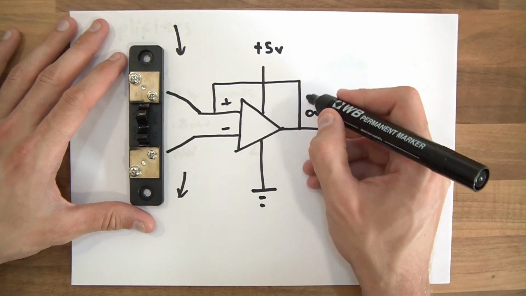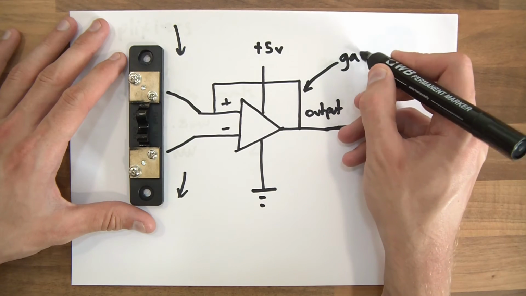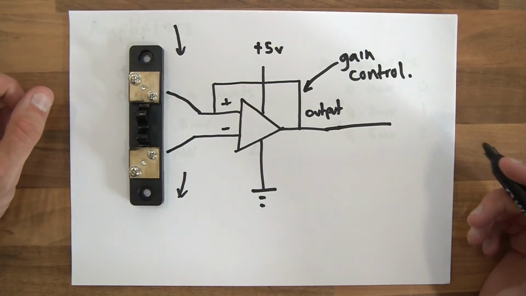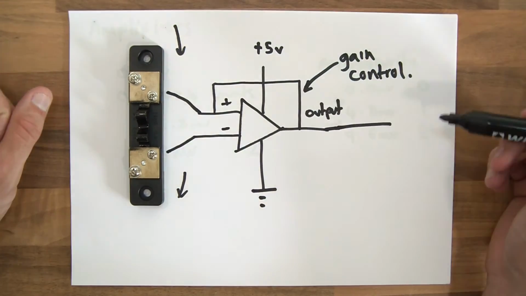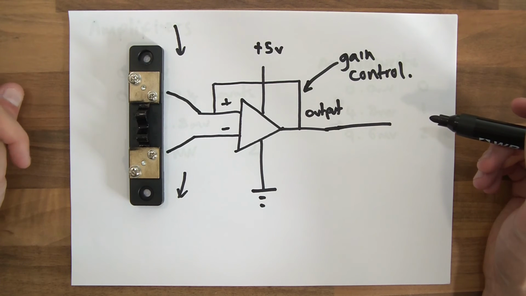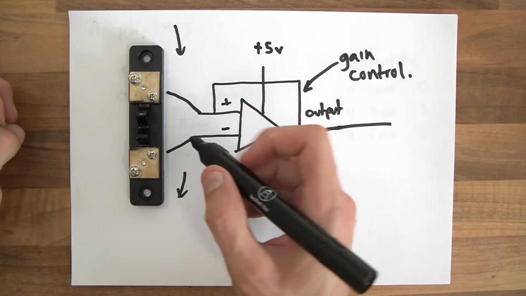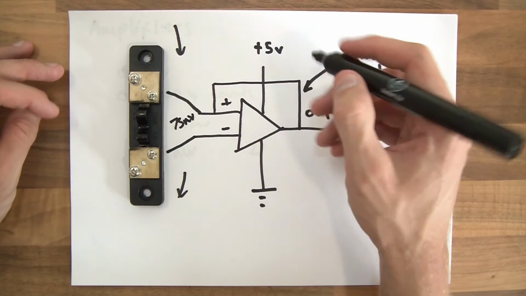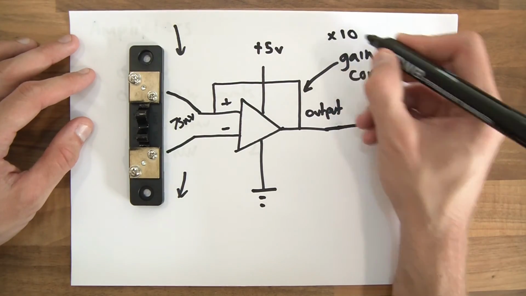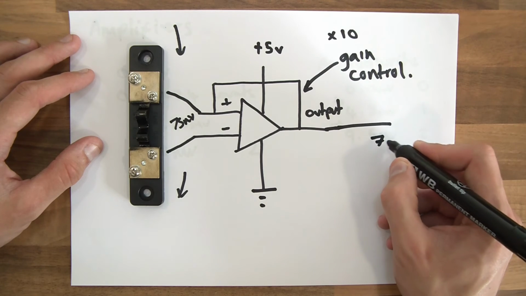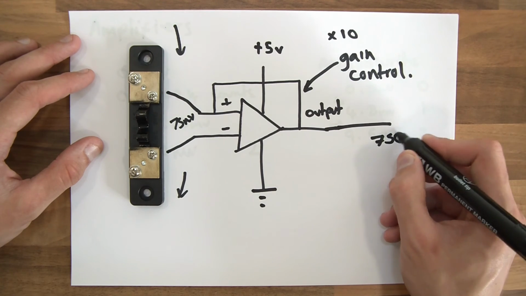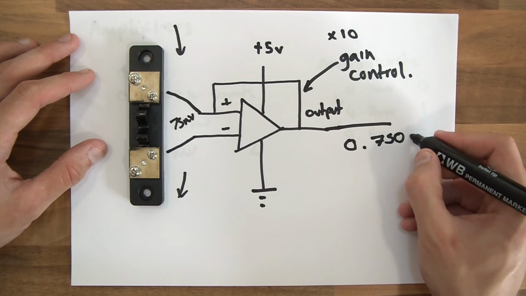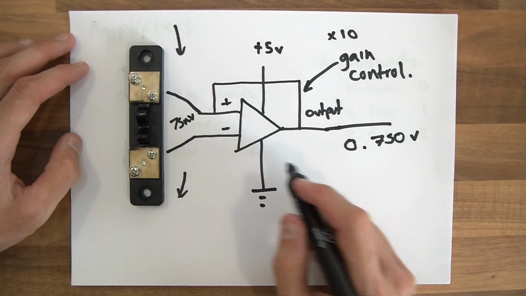So if I just mark this line here, gain control, and usually that consists of 1 or 2 resistors, and that's a very basic amplifier. So if we were to get 75 millivolts here, and let's say we had a gain of 10, then on the output here we'd have an output of 750 millivolts, which is 0.750 volts.